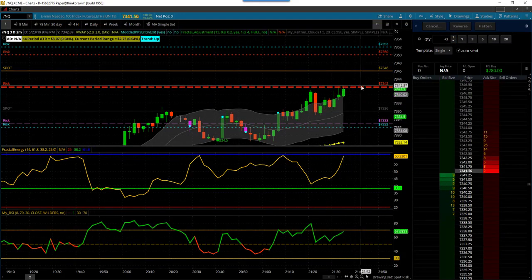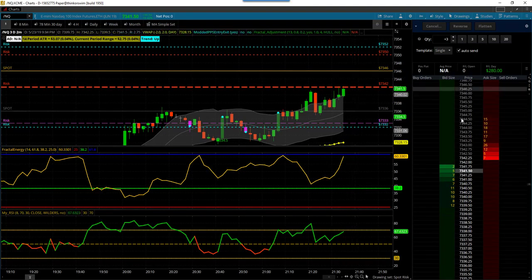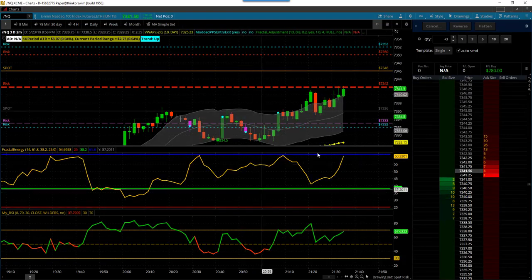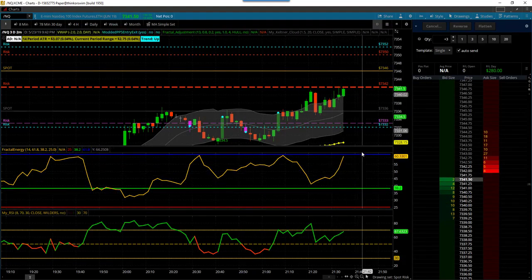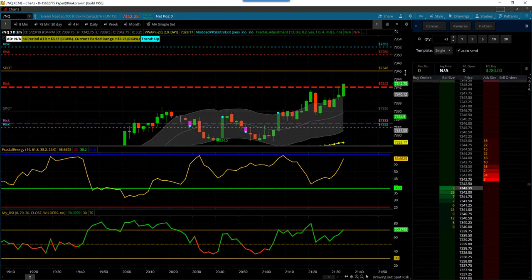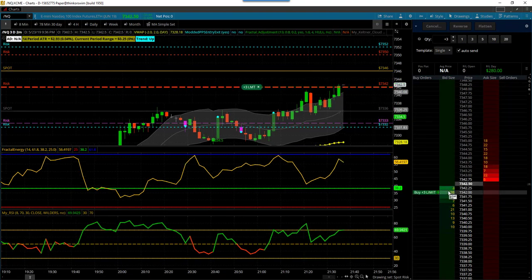If we get a close above 42, we'll go long from the 42, and if not, we'll look to go short from here. But the way price is moving and the fractal energy and what I'm seeing on the charts, it looks like we're going to be going long. So I'm going to wait for this candle to close, and we'll offer in at the 42.